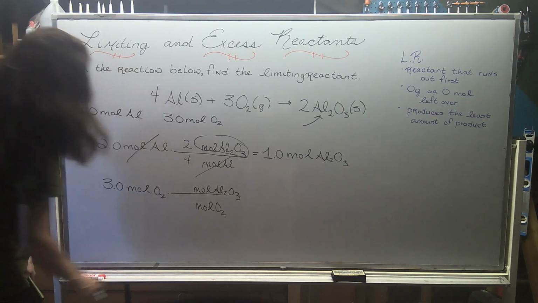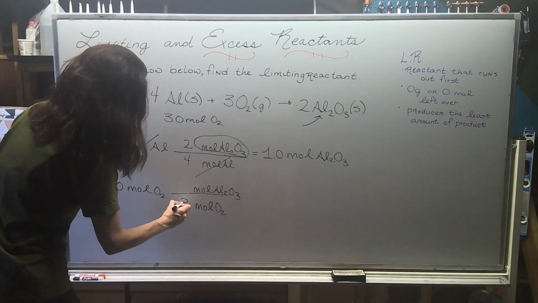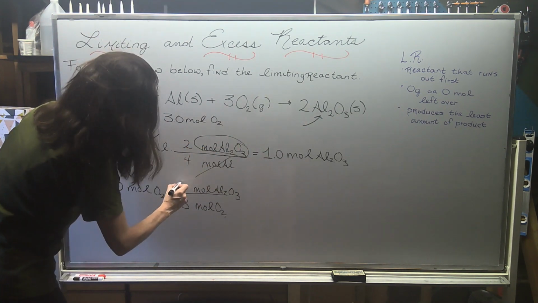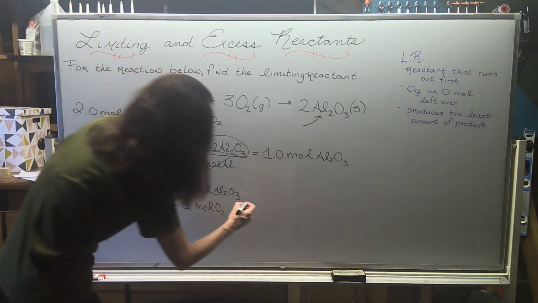I'll fill out my mole-to-mole conversion factor. So there's a 3 there and a 2 there. So again, I guess with these easier numbers, I can do this in my head. This is just going to be 2 moles.